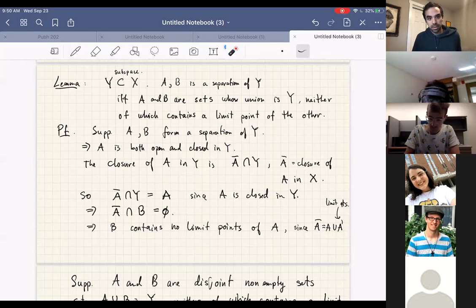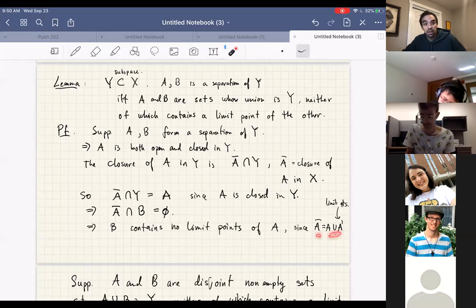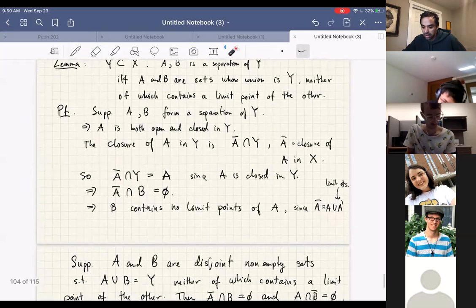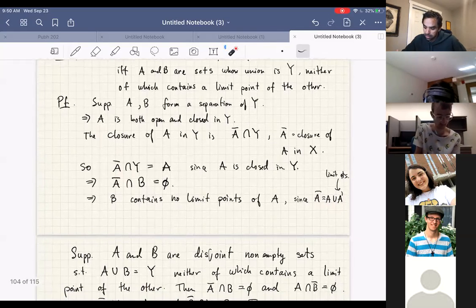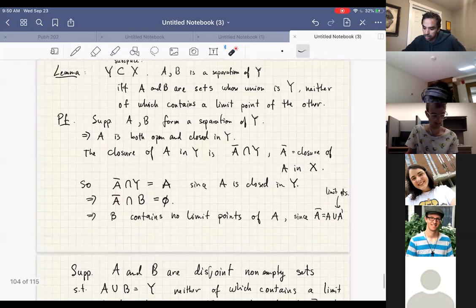The limit points are points in X such that any neighborhood around that point intersects A. And the closure is the union of all the points in A together with its limit points. So that shows that B does not contain any limit point of A, which is what we wanted to show.